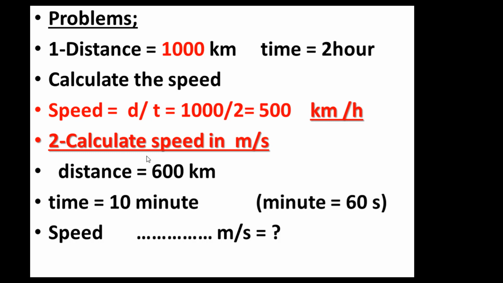Number 2, calculate speed in meter per second. Here distance 600 kilometer, time 10 minutes, but I need speed in meter per second, so you must change minute to second, kilometer to meter.